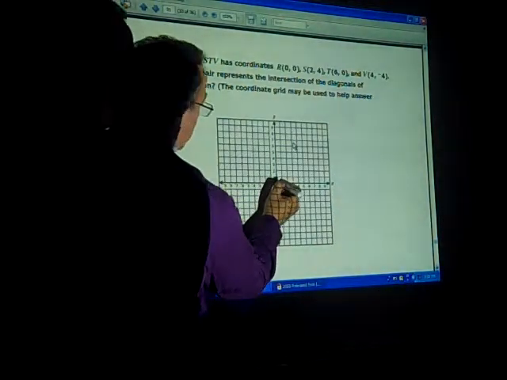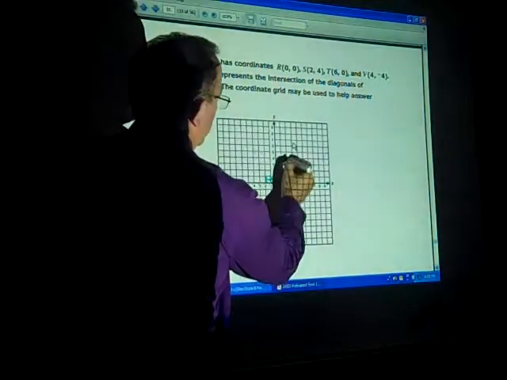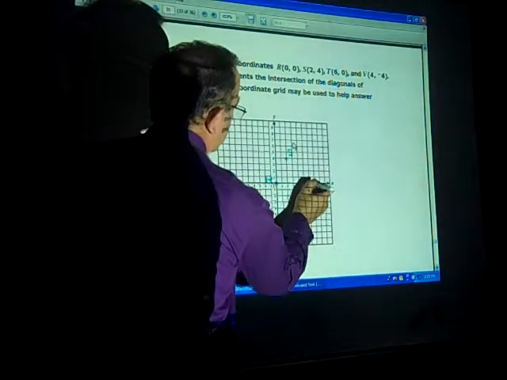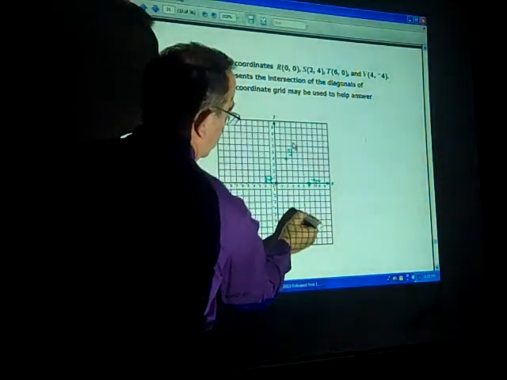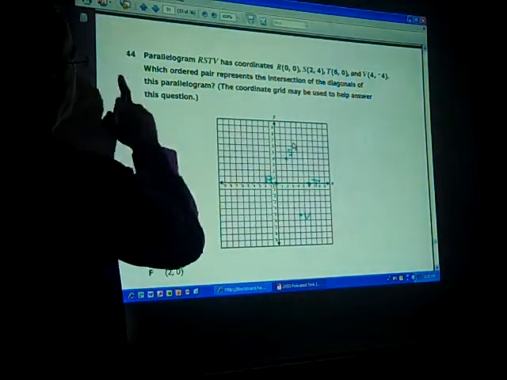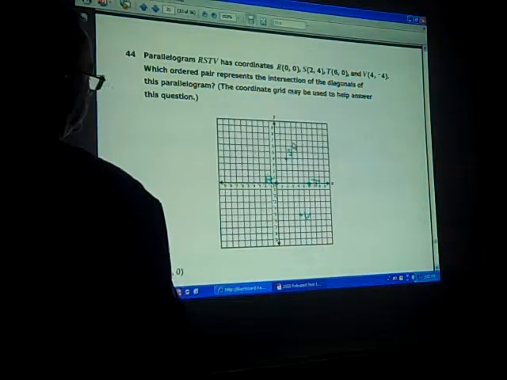Parallelogram RSTV has coordinates at R, 0, 0, S at 2, 4, T at 6, 0, and then V at 4, negative 4. We want to know which ordered pair represents the intersection of the diagonals of this parallelogram, and our choices are down here.